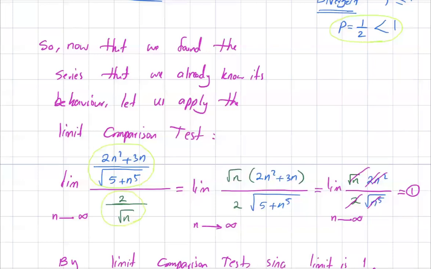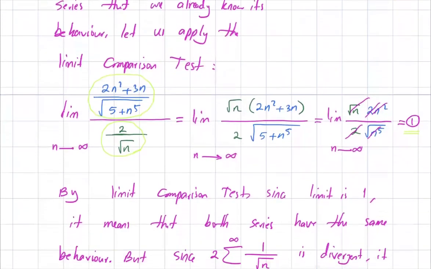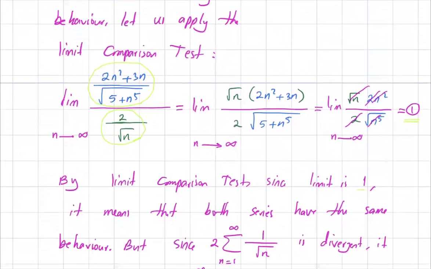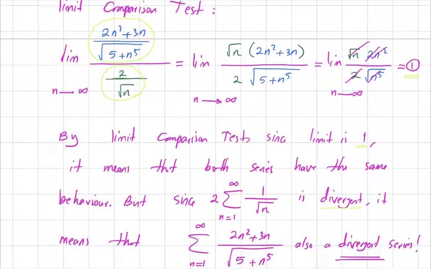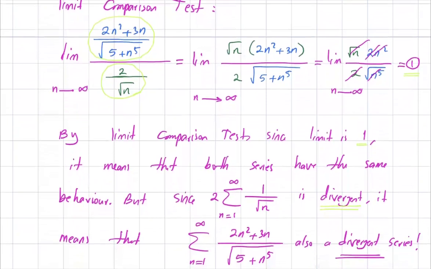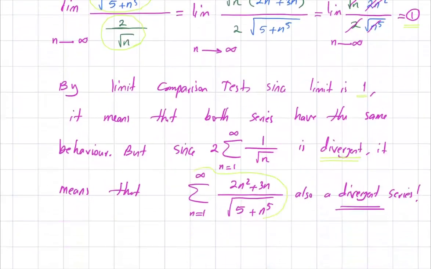When you find the limit of the division between these two, you end up with 1. Based on limit comparison test, since it is 1, it's finite and positive, these two series have the same behavior. But since the p series, 2 times series of 1 over square root of n, is divergent, for sure our series in the example is divergent as well.